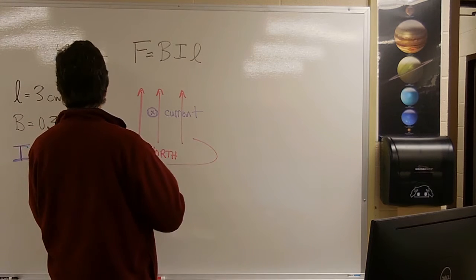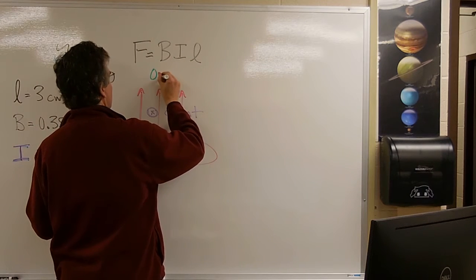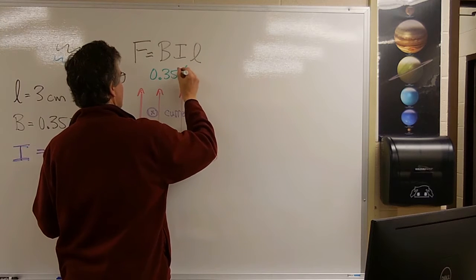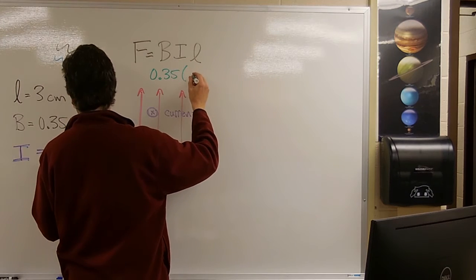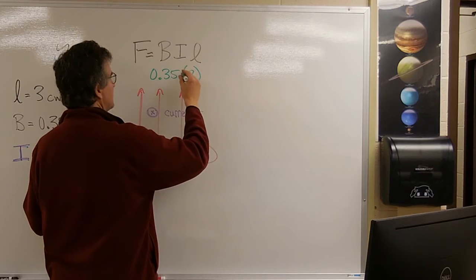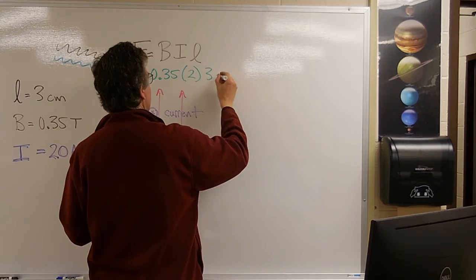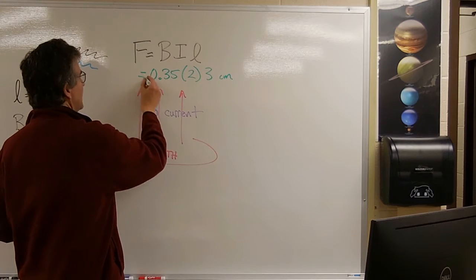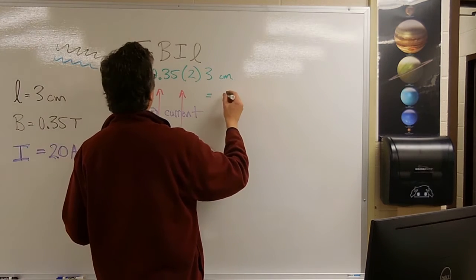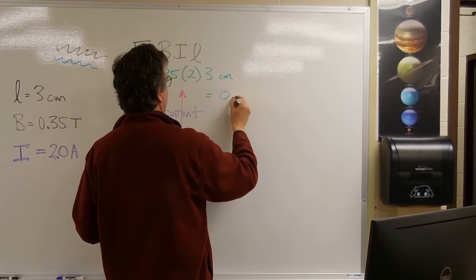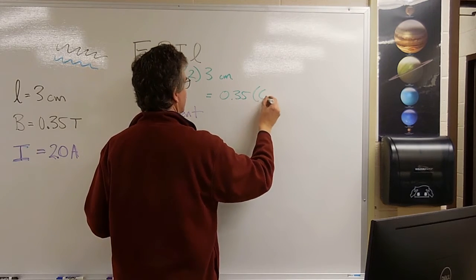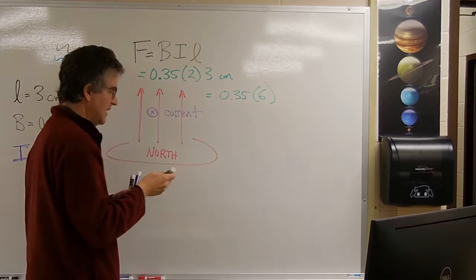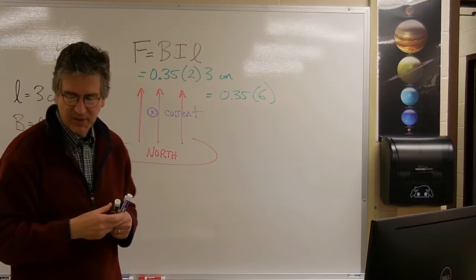I have magnetic field is 0.35 teslas, the current is 2 amps, and the length is 3 centimeters. So that would be 0.35 times 6, since 2 times 3 is 6.